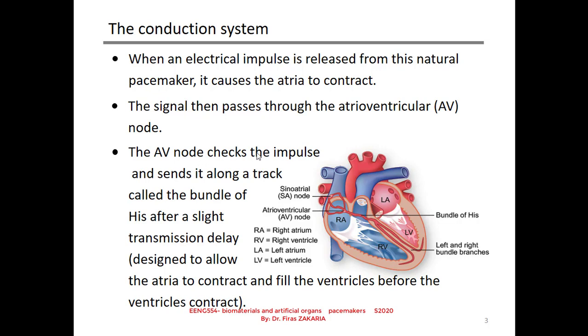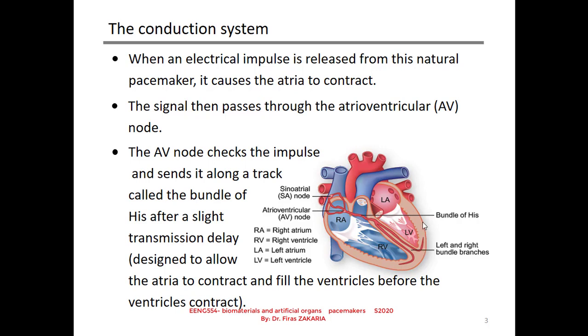So the AV node checks the impulse and then sends this impulse along a track, and this track is called the bundle of His. The bundle of His divides into a right and left bundle branches. And then these bundle branches give rise to thin filaments across the ventricles or across the lower heart.